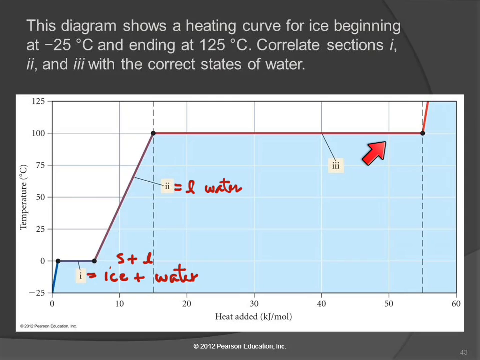The water's vaporizing or boiling. So what states of water are present? Liquid and gas. So here we have liquid and gas. And the words we use are water and steam.